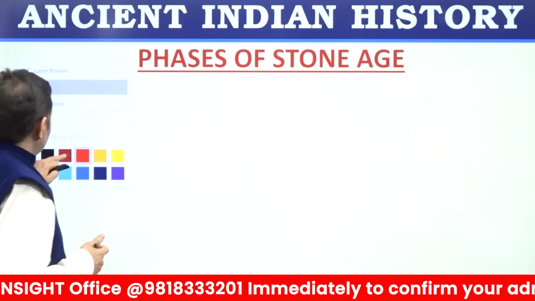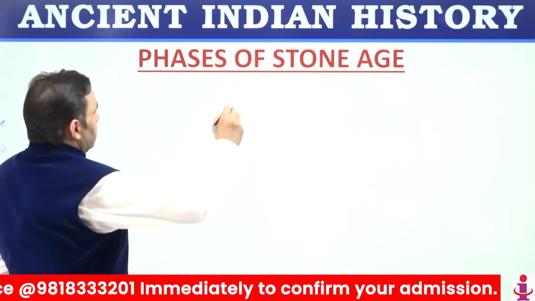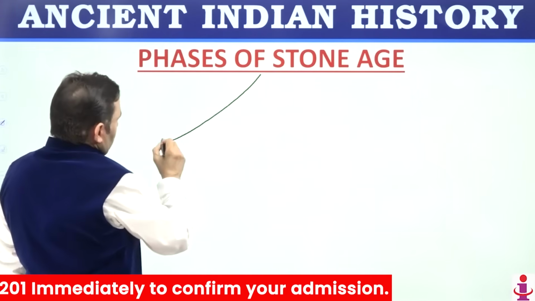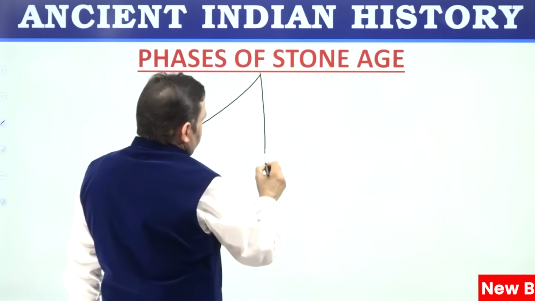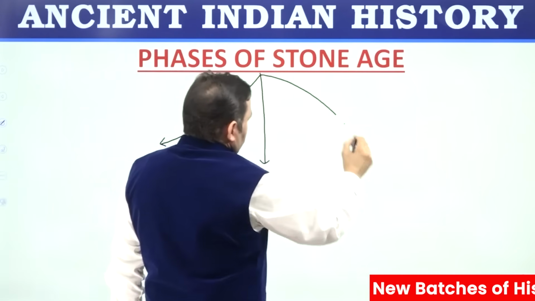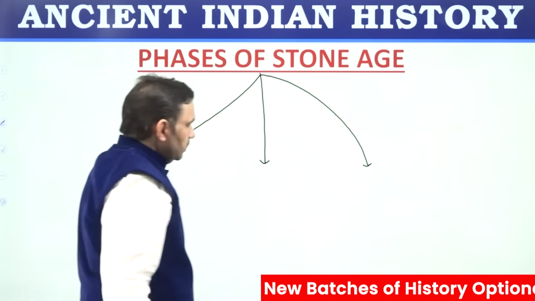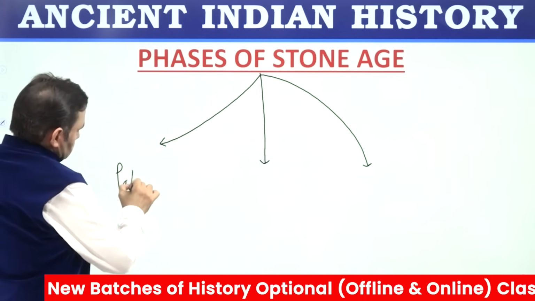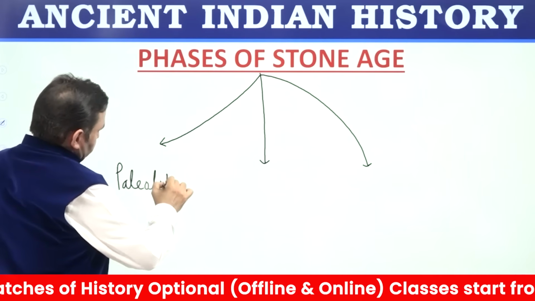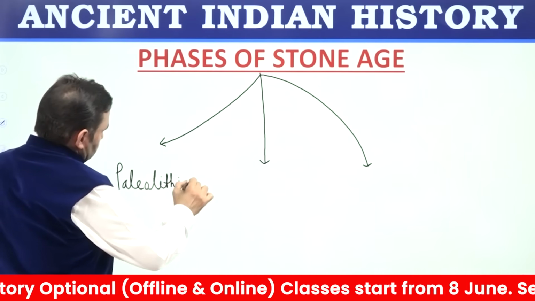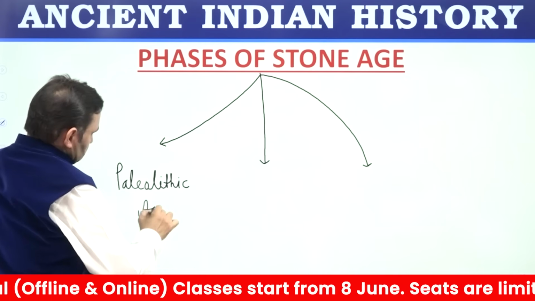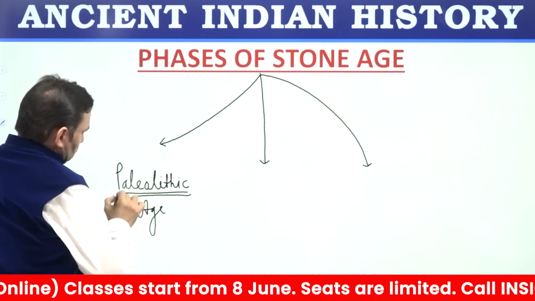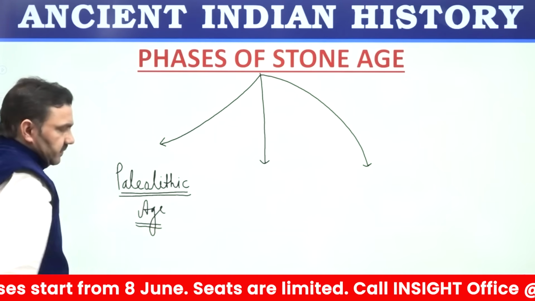This phase of Stone Age, or the life of Stone Age, evolved into three different phases. The first or the oldest is known as Paleolithic Age. Paleo means old, lithic means stone, so old Stone Age was the first.